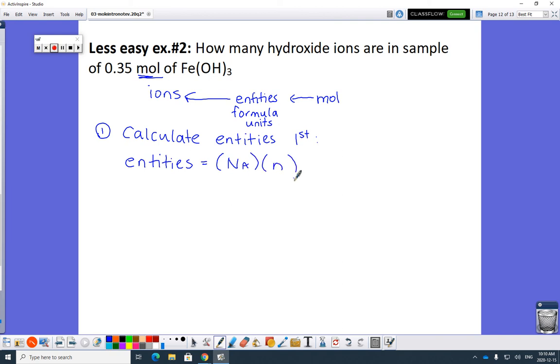So even though this question has more than one step, we got to find the number of entities. There's 6.02 times 10 to the power of 23 entities in 1 mole. Do we have 1 mole? No, we have less than 1. That means that we should get a number that's less than 6.02 times 10 to the 23.